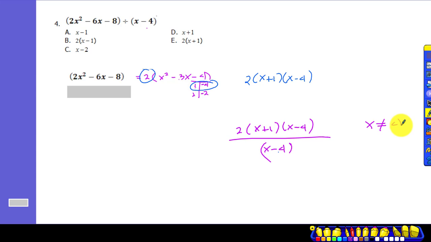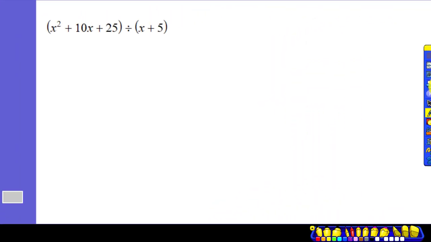Just an information. Alright? So now we can cancel this. We can cancel this. And what do we have? 2 times x plus 1. Okay? And finally, before we go, we also factor this already. Okay? X squared plus 10x plus 25. You remember the factor for this? This is equal to what? X plus 5.